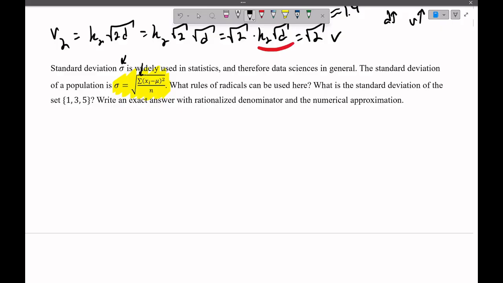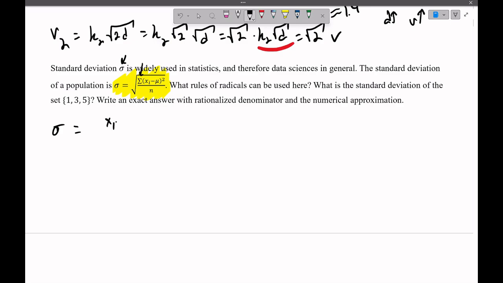Capital sigma in mathematics means the sum of. And so the way of writing this is the same thing as saying we're summing up over all of the data points in a data set.